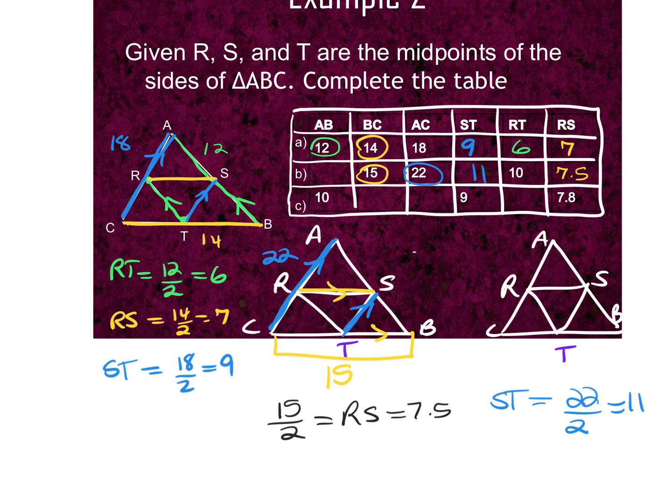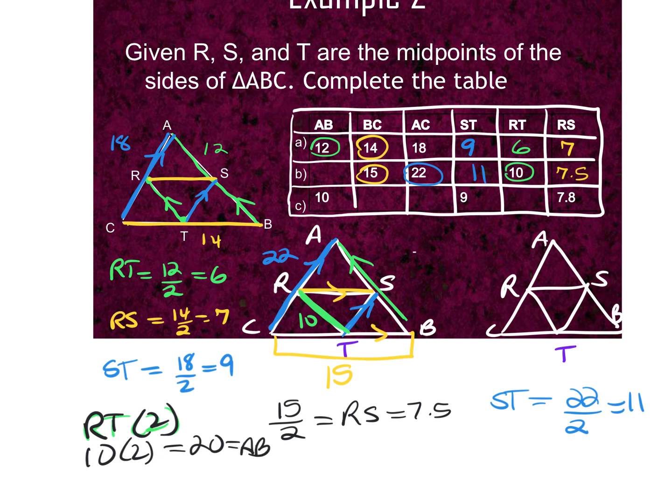The next piece of information they're giving me is RT. This time RT is the midsegment. So now to find the length of AB, the side of the triangle, I'm going to take RT and times it by 2. That's not showing up very good. RT times 2, so 10 times 2 gives me 20, which is the length of AB.